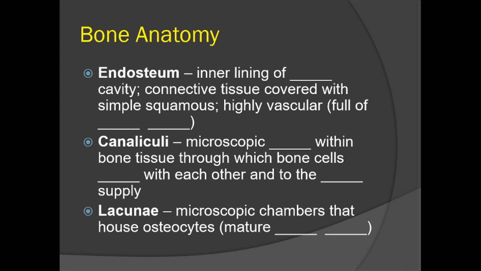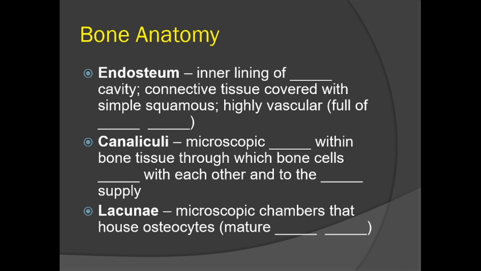Simple squamous is a type of epithelial tissue, so there's some filtration, absorption, and protection going on with this cellular layer of simple squamous cells, and it's highly vascular. Highly vascular means it's full of blood vessels. So, for example, a vascular surgeon's specialty is working with blood vessels, knowing where they are and what regions of the body those blood vessels serve.